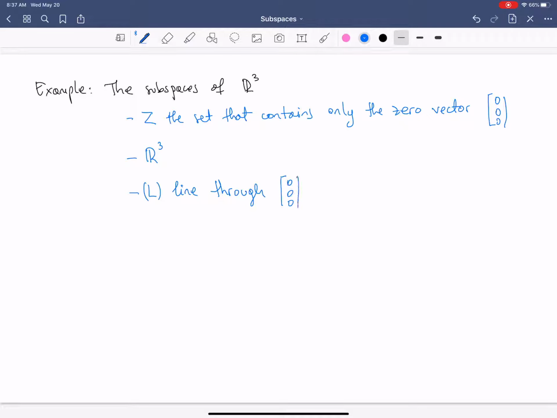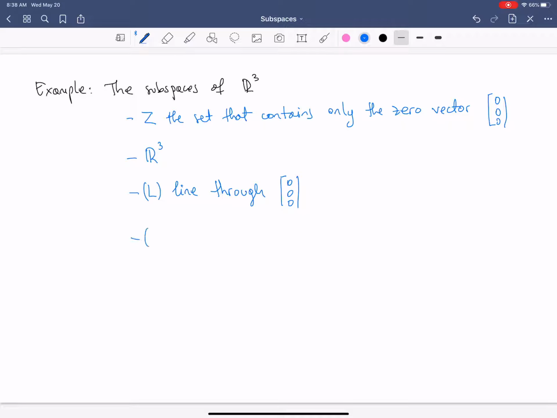Now you understand why we need that origin, because if we don't have the origin, we would not be able to multiply by the constant 0, which we want to be able to do. So any line through 0, 0, 0 is going to give us a subspace of R3.